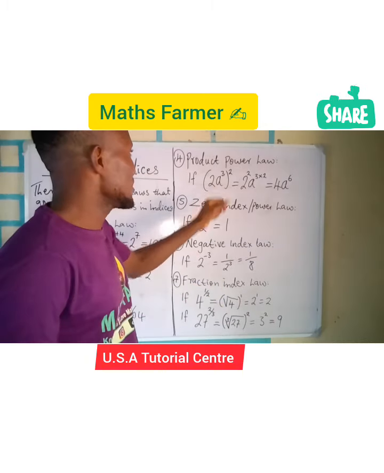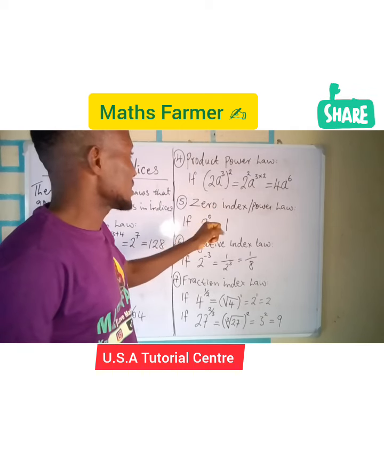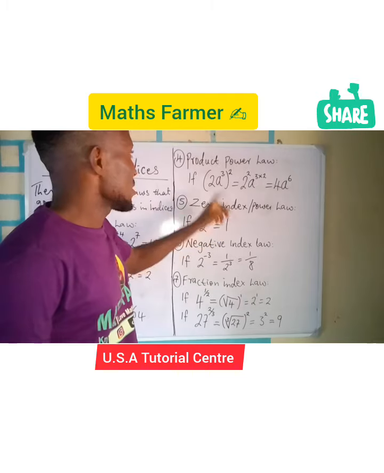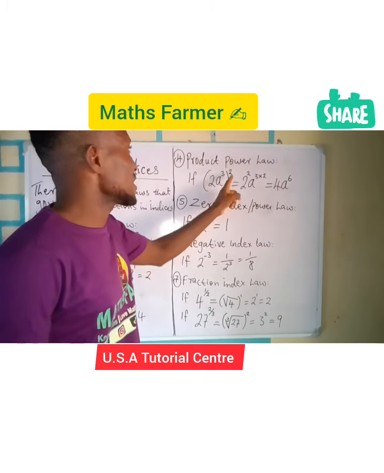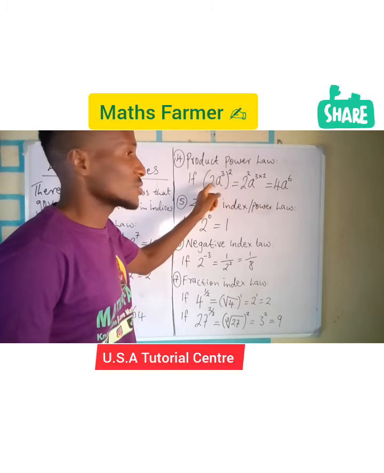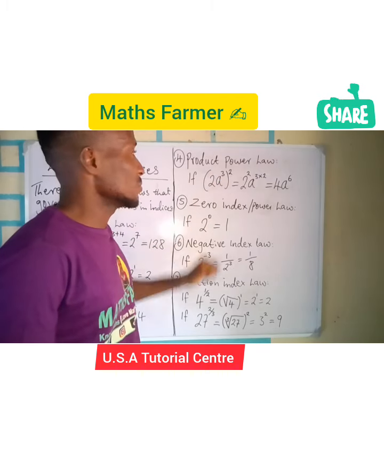Now, if you have these 2 numbers or 2 alphabets inside a bracket, 2 raised to power 2, a raised to power 3, all of them raised to the power of 2, what it means is that this power 2 applies to both numbers or both variables inside the bracket. So you have to share it to them.